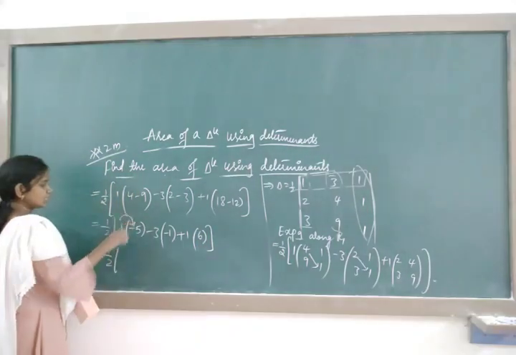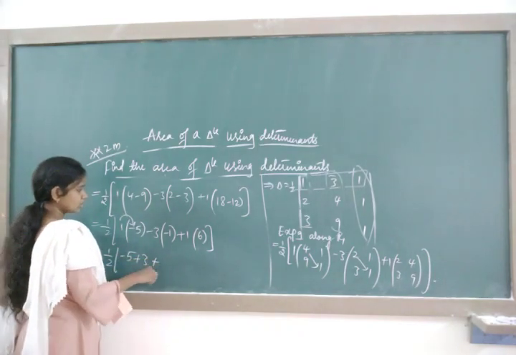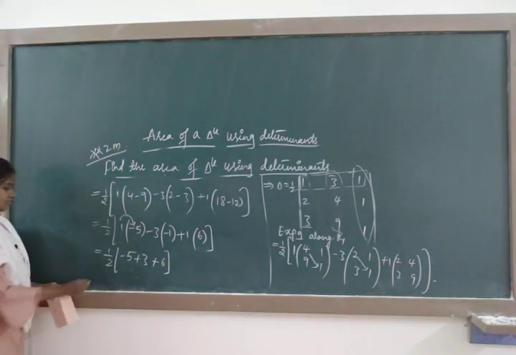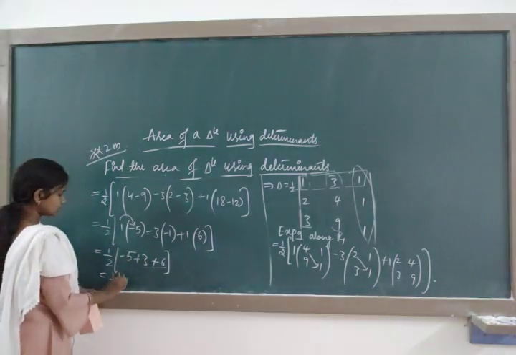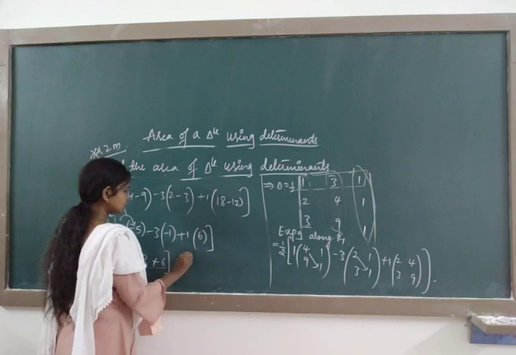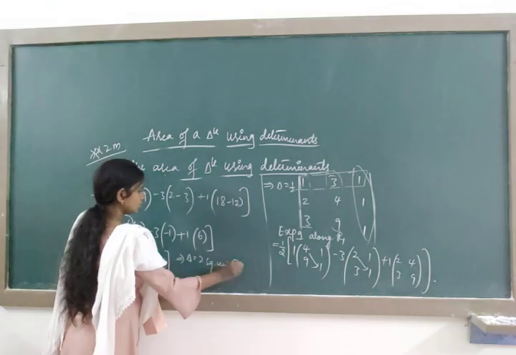So multiply inside: 1 into minus 5, minus into minus plus 3, plus 1 into 6 is 6. Simplify the bracket: 6 plus 3 is 9, 9 minus 5 is 4, 2 ones are 2, 2 twos are 4. So therefore delta is equal to 2 square units.